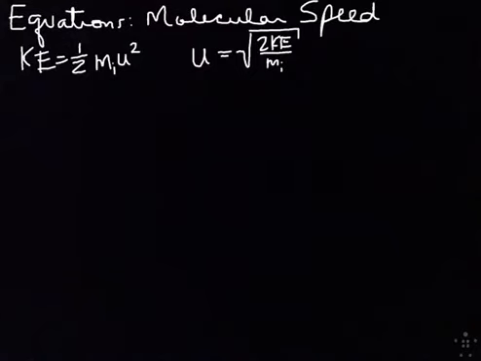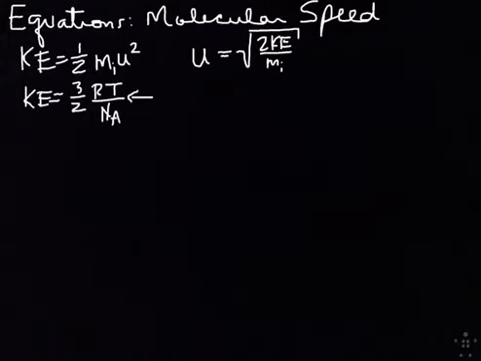We can simplify this equation and solve it using not kinetic energy but temperature. So let's go ahead and do that. We know that kinetic energy also equals 3/2 RT over NA. That comes from our kinetic molecular theory of gases. We didn't derive this equation, so we're just taking for granted right now that that is true.